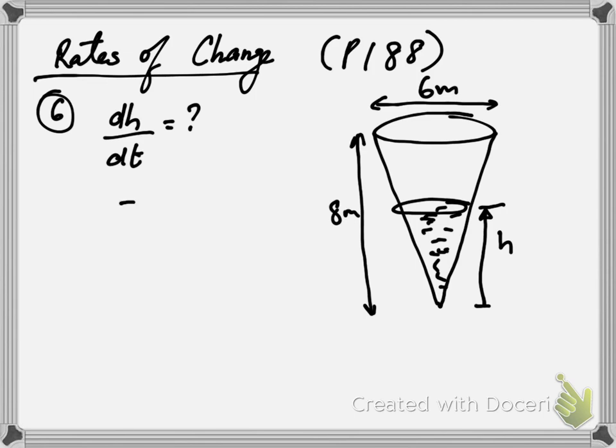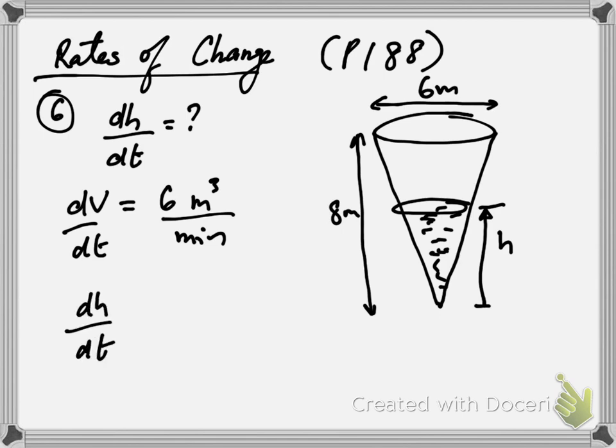So the unit is 6 cubic meters per minute. Cubic meter per minute would be dv over dt. So dv over dt.